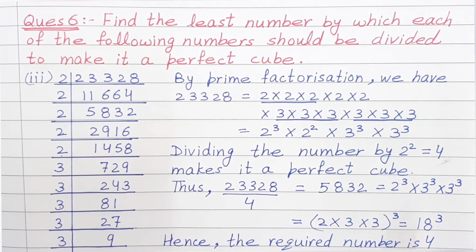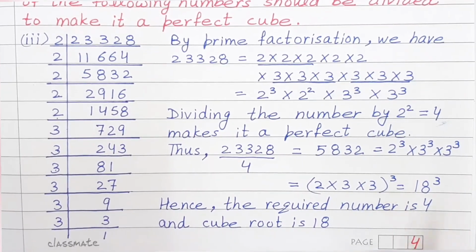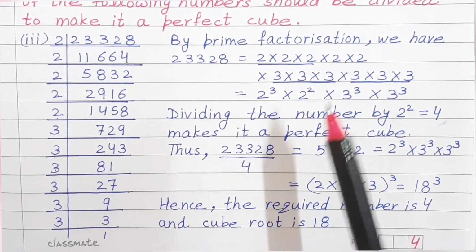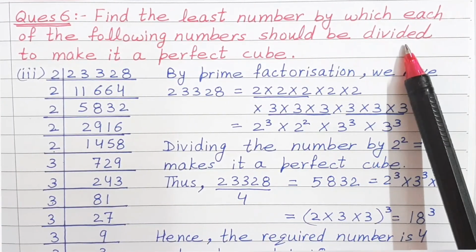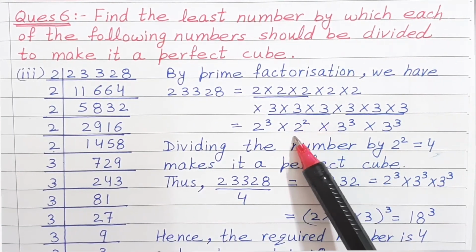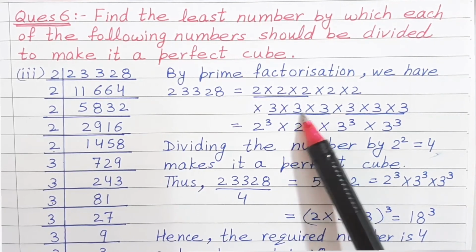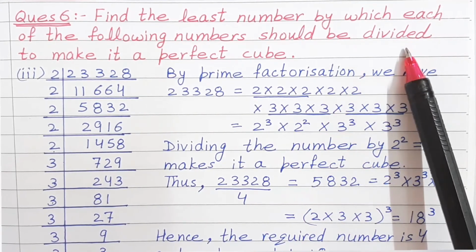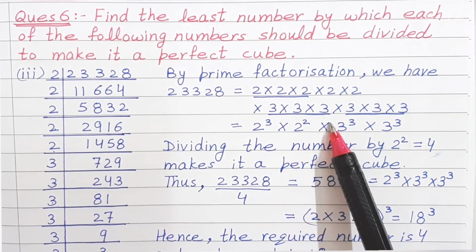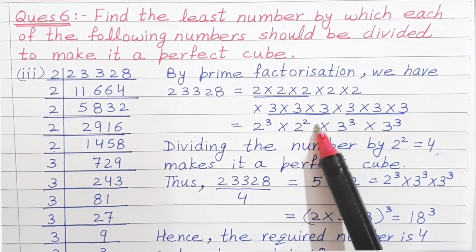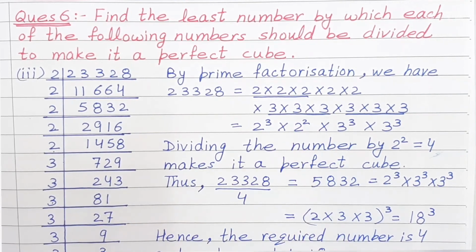So hence the required number is 4 and the cube root is 18. Students, I am repeating, whenever you have to divide a number, in that case you will remove the number which is not in triplet form. And whenever you have to multiply the number, you will take that extra number to make it in a triplet form. That is very, very important here, right?